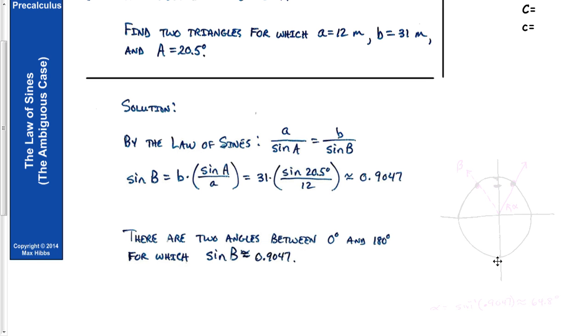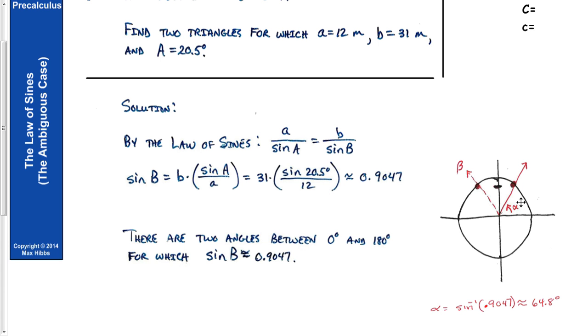Let me remind you of that. As an illustration, let's assume that this is the y value of 0.9047. It might be a little higher, but let's just assume this is the y value. Well, there's an angle here. If we look at this y value, this point's on the unit circle that has that y value, and this point's on the unit circle that has that y value.